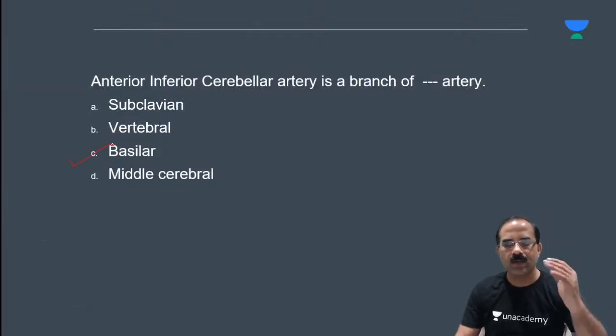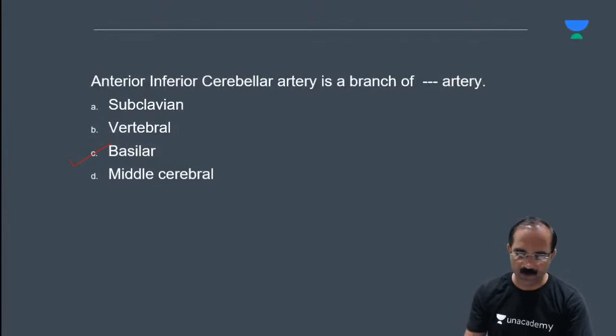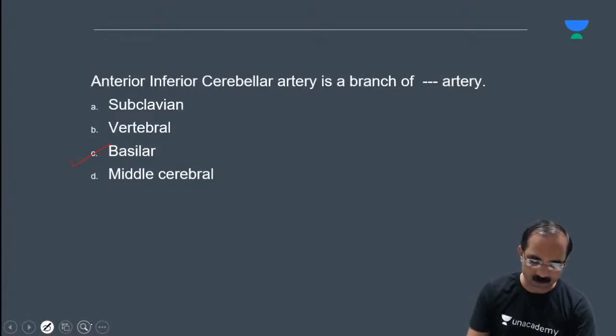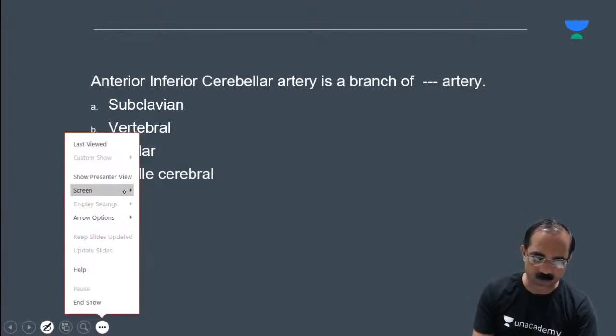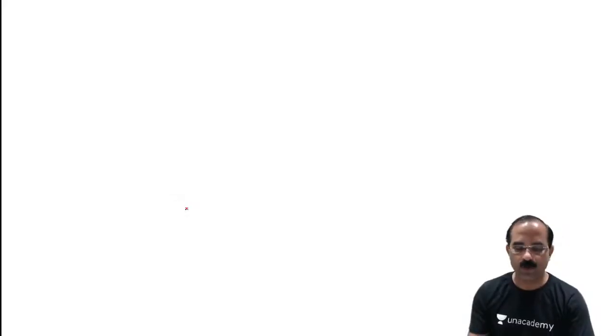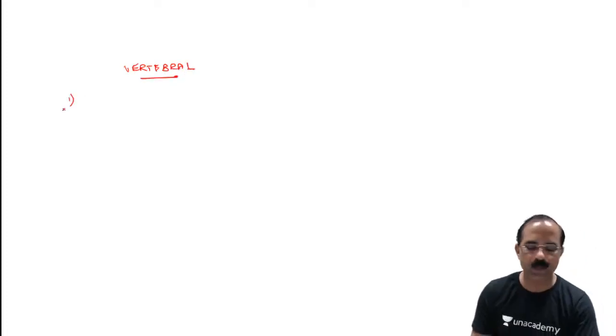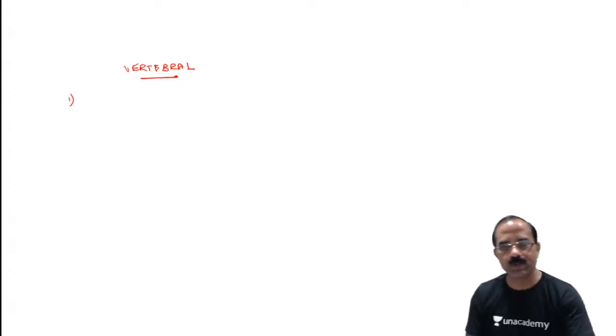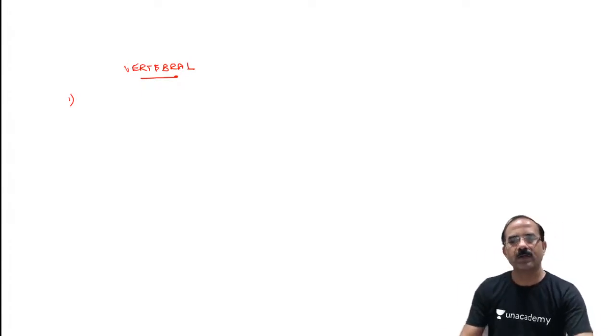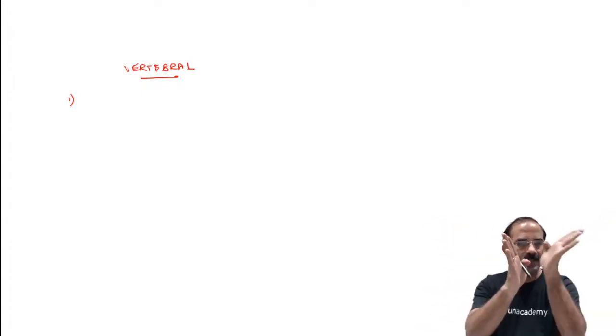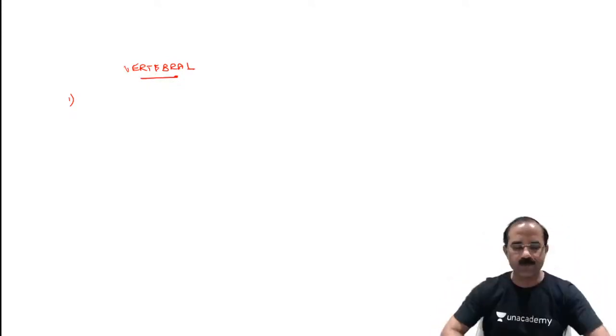Now coming to the arteries, if you can quickly answer this, I'll make it very easy for you to understand this topic. Tell me, what are the branches of the vertebral artery? This is a very important MCQ. There are two vertebral arteries, each giving half a branch, and this is a single artery which runs in the midline.